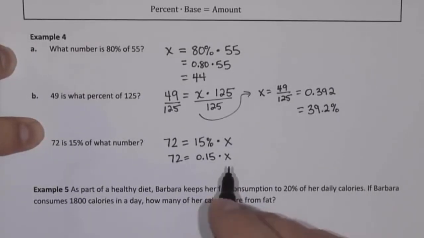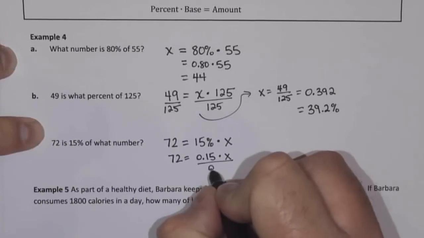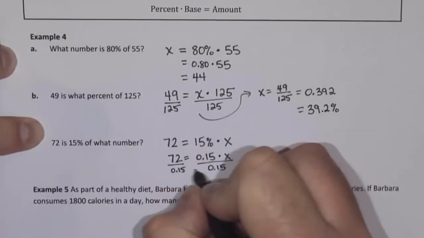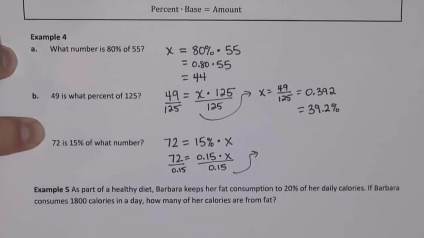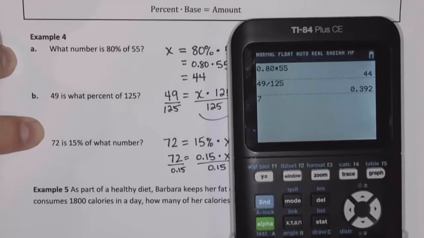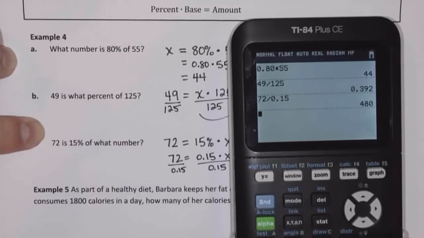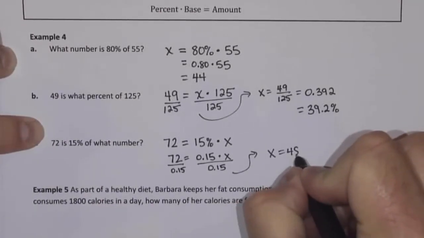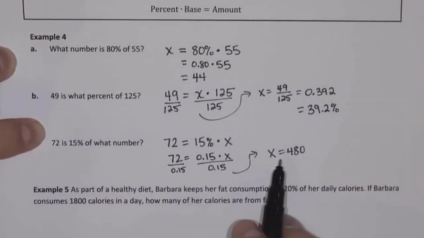To solve for x in this case, I'm going to divide both sides by 0.15. So 72 divided by 0.15 is 480. So x equals 480. That is our base amount.